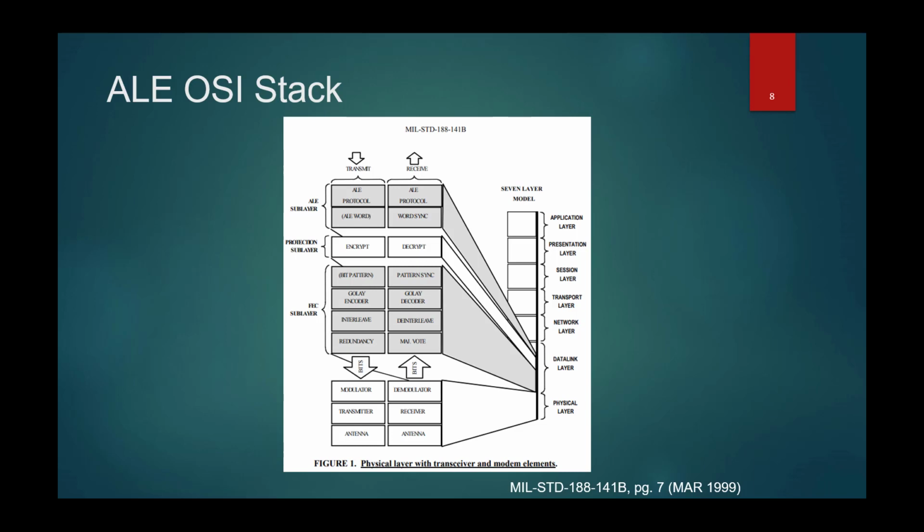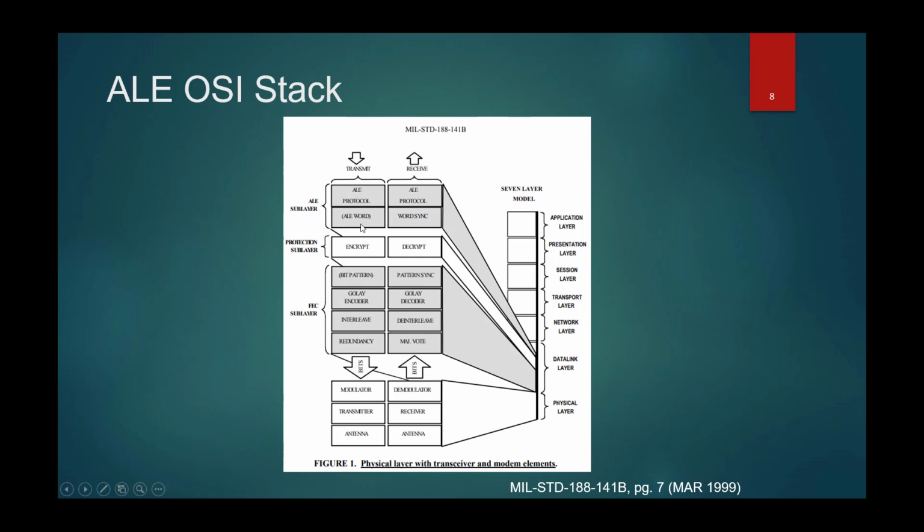So on a radio that's going to make an ALE call, we are going to start off over here at transmit and bring that information down the stack, as we say, to the ALE sublayer, where you have the ALE protocol establish ALE words. What is optional, just depending on if you have a radio that's employing encryption or not, you have the protection sublayer.